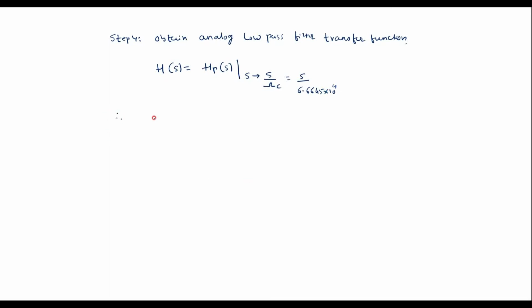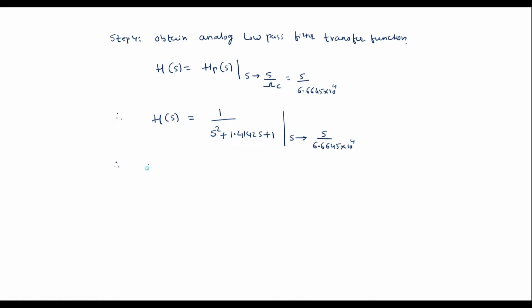So therefore now I can write H of s is equal to 1 upon s square plus 1.4142 s plus 1. In this, s should be replaced by s divided by 6.6645 into 10 power 4.